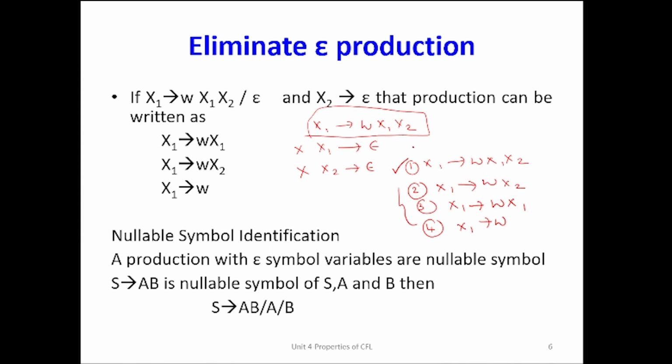For example, I take a problem: A implies a A A | epsilon. The question will be asked as eliminate epsilon production, or otherwise construct a simplified CFG for the given grammar. There are two productions, so I write them separately. The first production is A implies a A A, and the second is A implies epsilon.